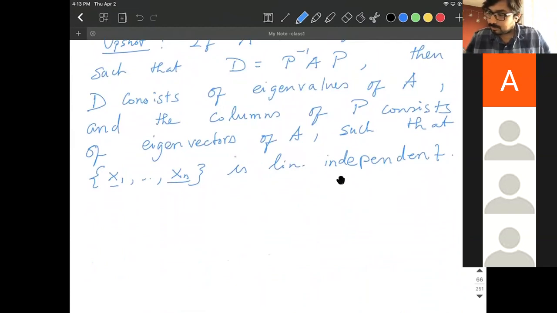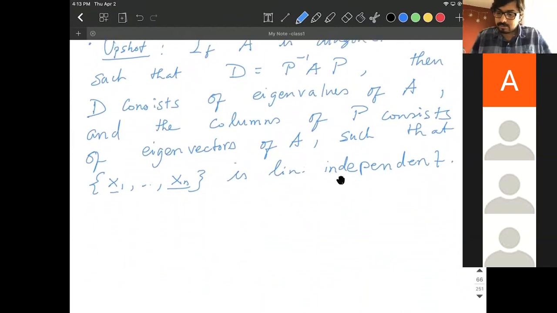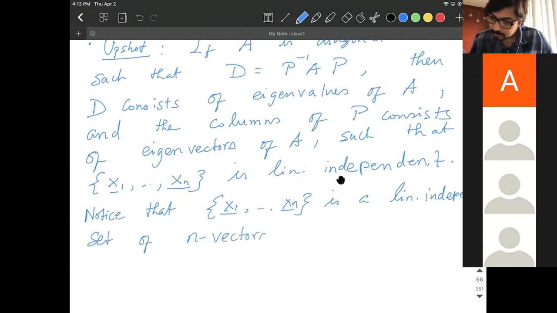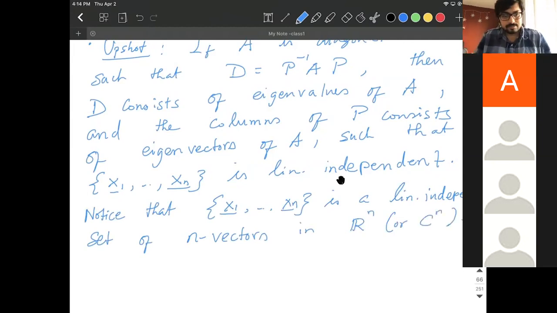Now, what's more is that we have a set consisting of n vectors which is linearly independent in Rn. So notice that x1 up to xn is a linearly independent set of n vectors in either Rn or Cn, depending on the eigenvalues.